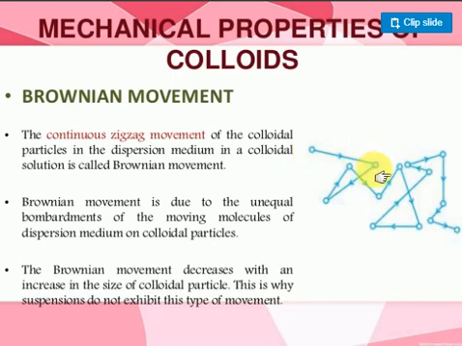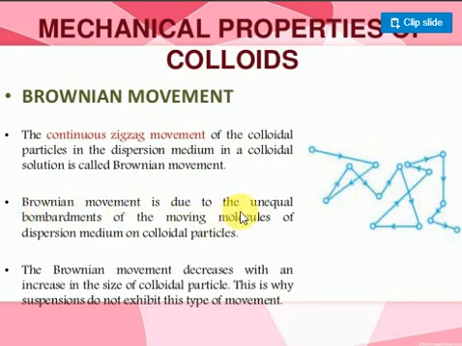Again there are positive particles and again repulsion, so it moves again. So there is a continuous zigzag motion. The continuous zigzag movement of colloidal particles in the dispersion medium in a colloidal solution is called Brownian movement.